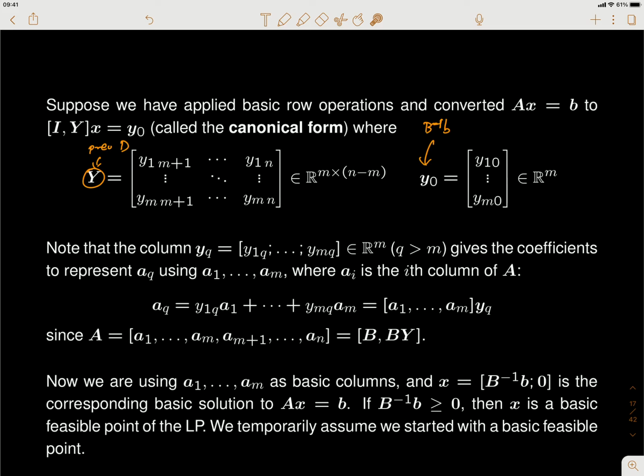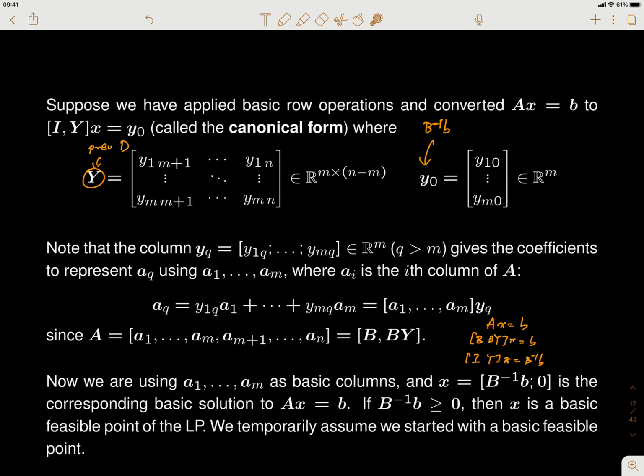The reason is that, as we said, Ax equals b is the same as BYx equals b. When I multiply B inverse on both sides, it becomes Yx equals B inverse b. As you can see, when we substitute x by this, as we did before, we just get that right hand side. So this x is a basic solution. The first m columns of the matrix A are basic columns.